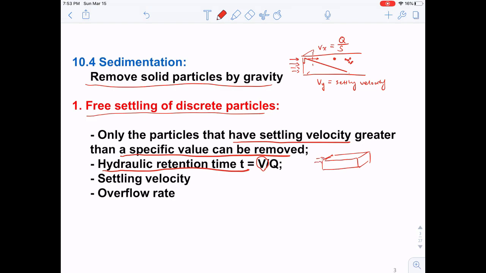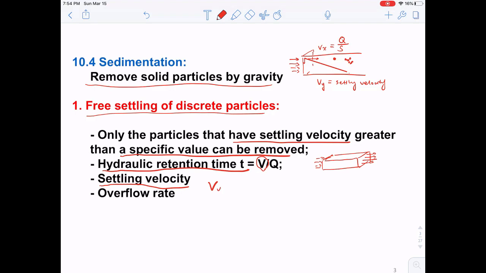It looks like a pool, while the water is flowing this way, and then after that it's going to flow to the next module. So the retention time is just calculated by the volume of this basin divided by the flow rate of the water. Okay, so further we can calculate the settling velocity.